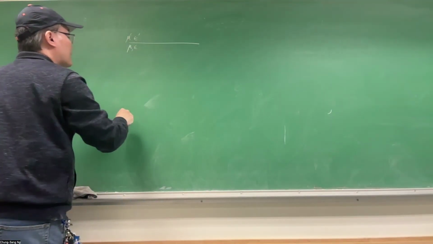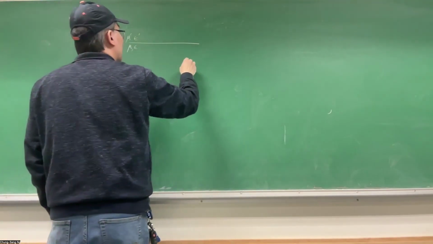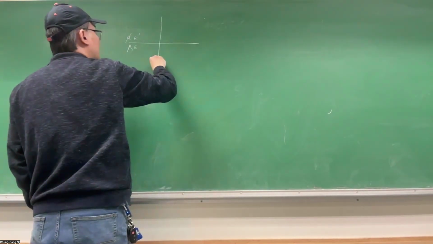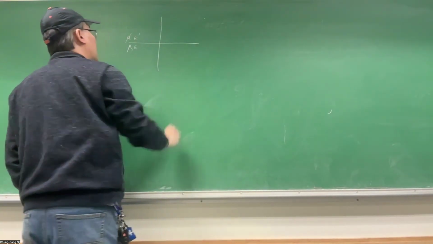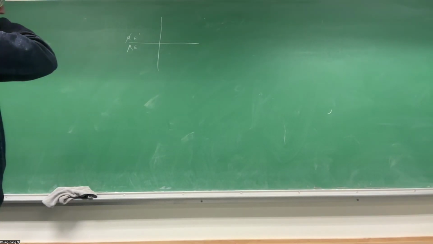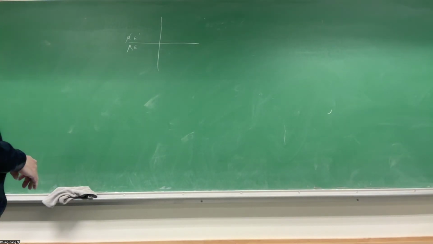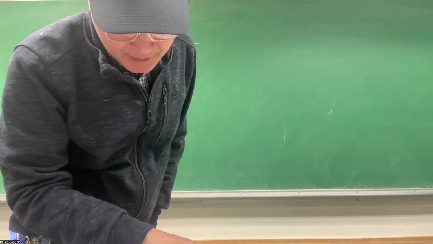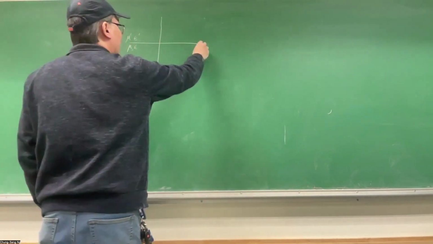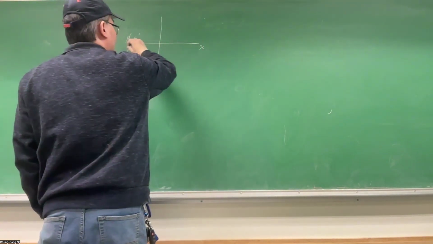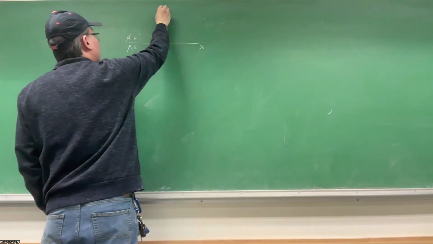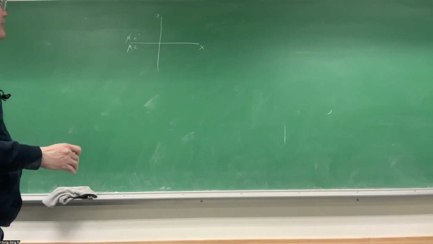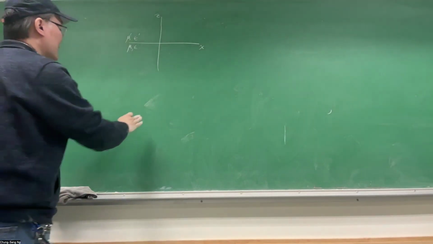Okay, and you define your coordinates. The interface between the two media is the z equals 0 surface. This is z equals 0 because you define this as your x-axis, and this is the z-axis. So the blackboard is the xz plane.